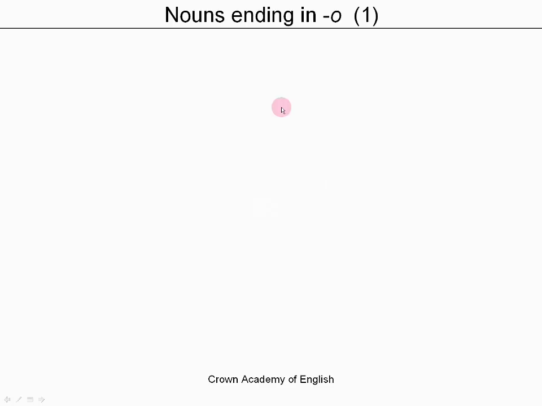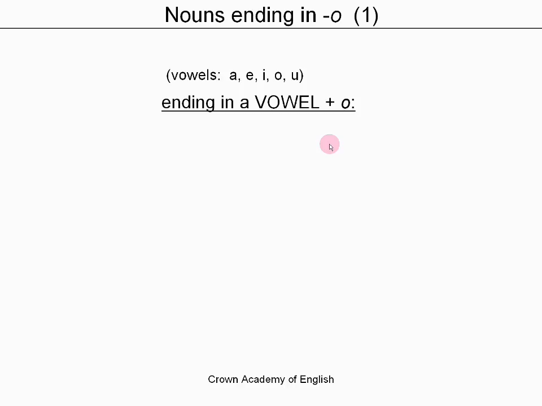Now, nouns ending in the letter O. So this is a little bit more complicated. So we'll start with the easy part first. The easy part is the nouns which end in a vowel and then the letter O. So those are the vowels.